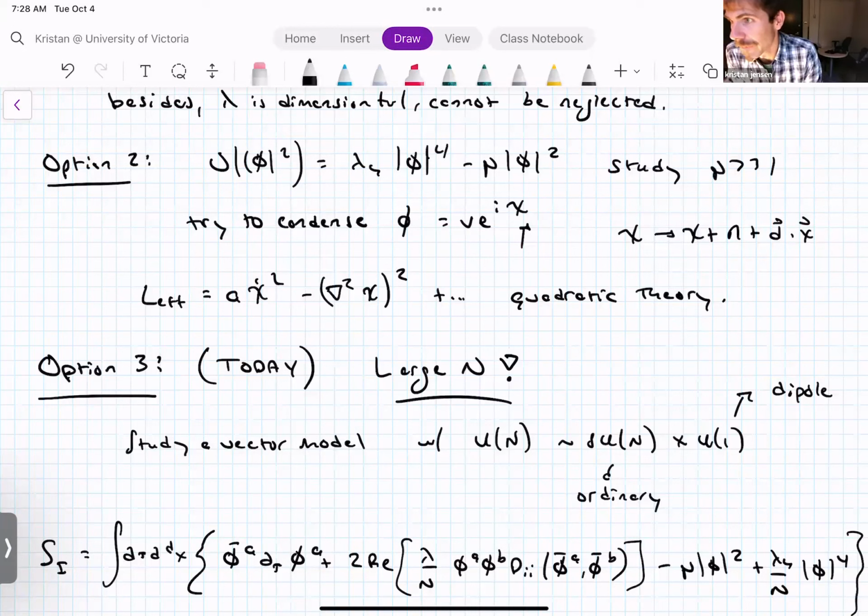You translate everything by a single lattice spacing, you're back to where you started. So the collective behavior of the coarse-grained u really is subject to some redundancies.